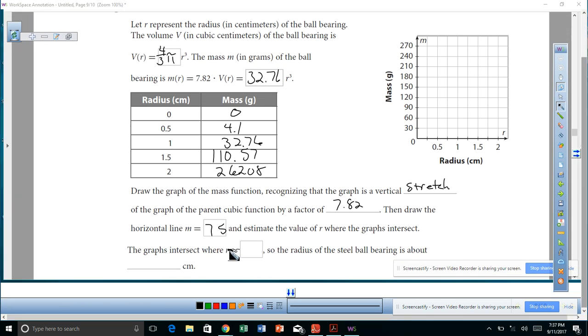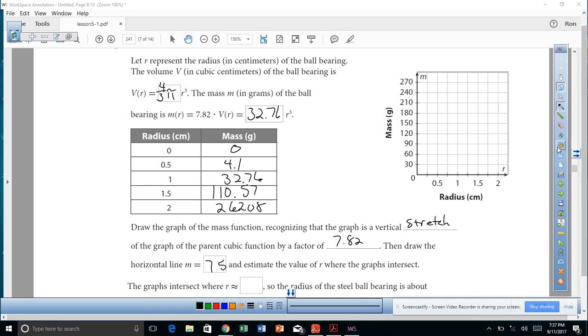The graphs intersect where R is approximately, okay, so let's draw. Well, we got 0, 0, right? And we got 0.5 and 4.1, that's going to be real low. 1 and 32.76, that's going to be maybe right there. 1.5 is going to be 110, and just under that. And then 2 is going to be 262, maybe right there.